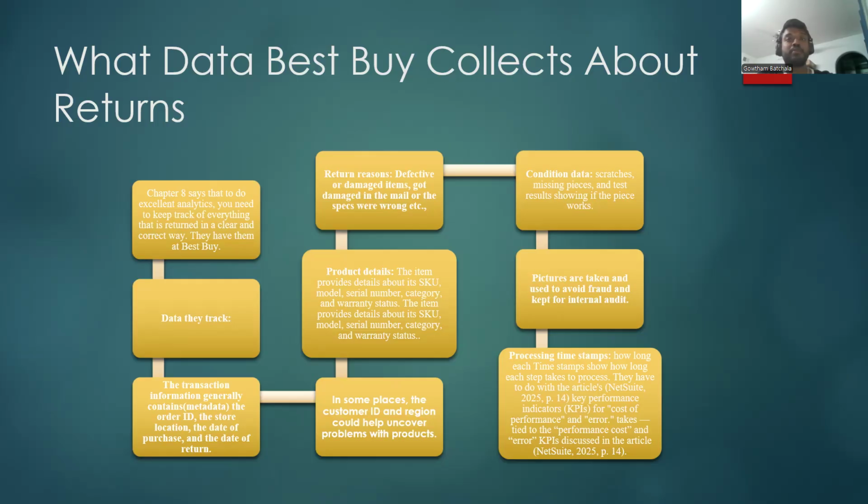Product details are also captured, for example SKU (stock keeping unit), model number, serial number, category, and warranty status. This helps identify which specific batches or versions have problems, and the return regions are recorded very carefully. The engineer will evaluate whether it is a proper return or a fraud return.